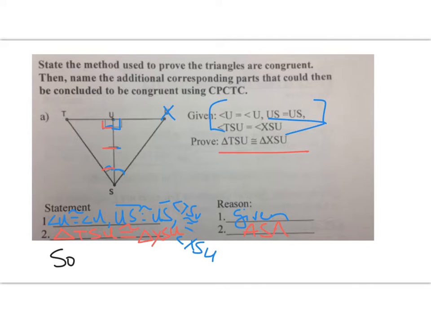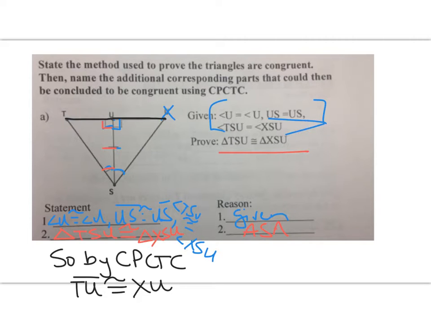So since the triangles are congruent, by CPCTC, corresponding parts are congruent, triangles are congruent, these segments that we haven't marked yet, TU will be congruent to XU.